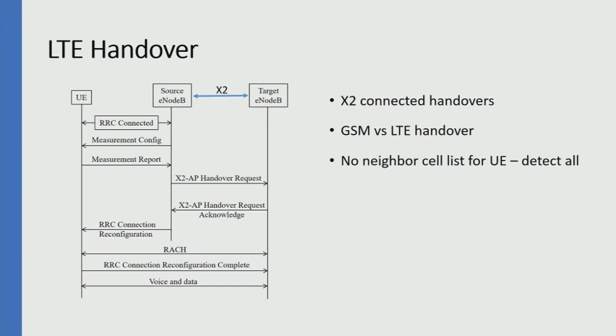Then let's assume that the phone is going close to a different base station. In that case, the source base station talks to the target one, creates a handover procedure, tries to generate new keys, and then gives a command to the phone telling it, okay, now this is your new base station. So these are the configuration parameters, so just switch to that.